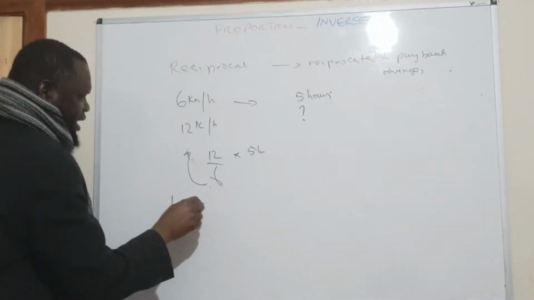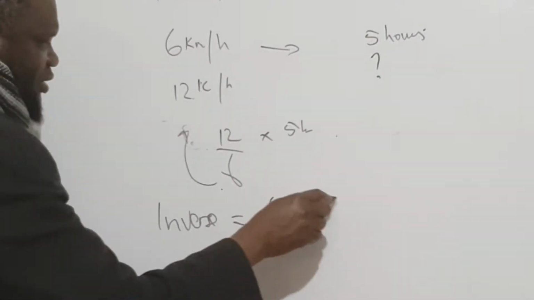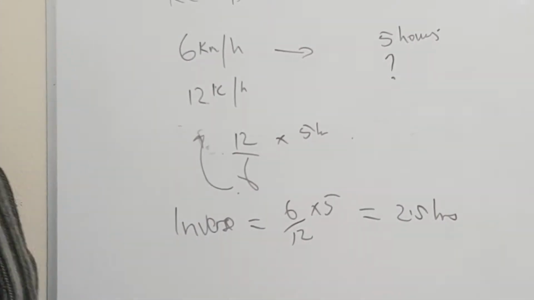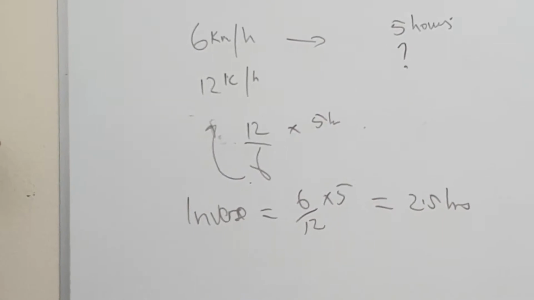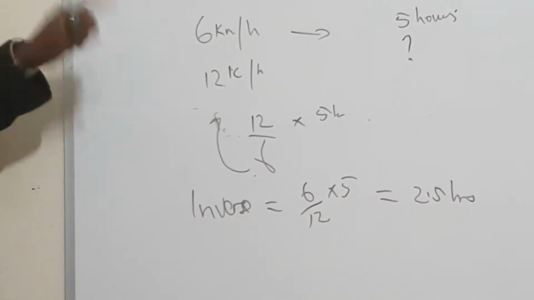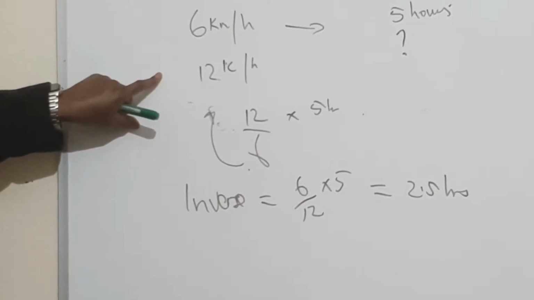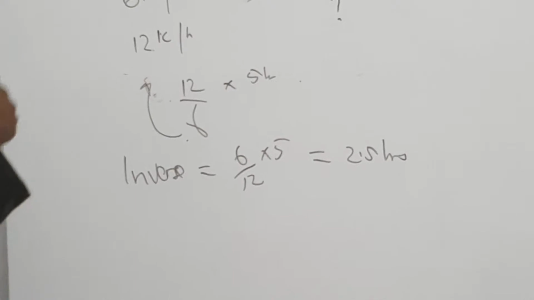So it has to be 6/12 times 5, which will give you exactly 2.5 hours. This is one way of doing it, finding the inverse of the direct proportion. That is method 1.